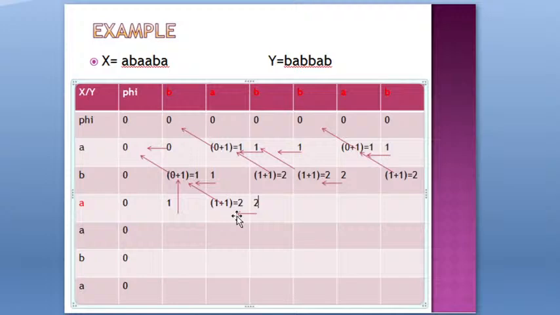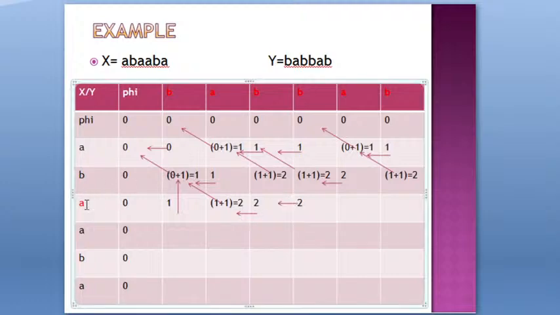Okay. Now next is A with B. Now A with B is not matched, right? So obviously from this current cell I am having two options, the left hand side value and the upper row value. In between 2 and 2, both are the same, the maximum between 2 and 2. So I am taking 2, and again for simplicity I am taking this value from the left hand side. Okay.